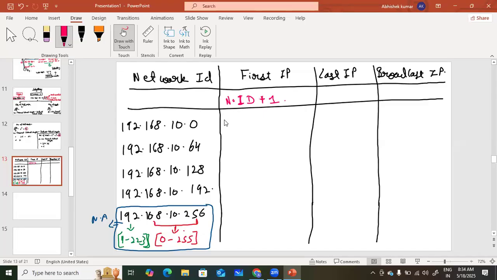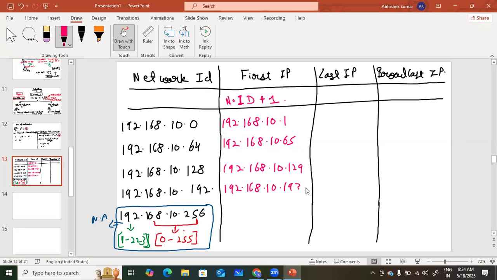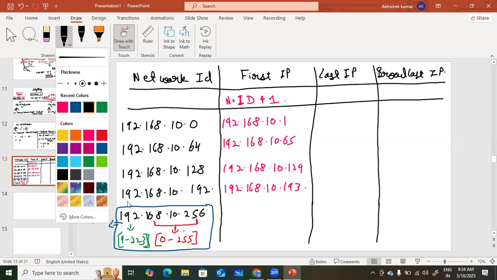So it will be 192.168.10.1, 192.168.10.65, 192.168.10.129, and 192.168.10.193. Clear?